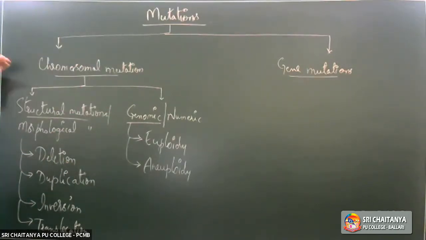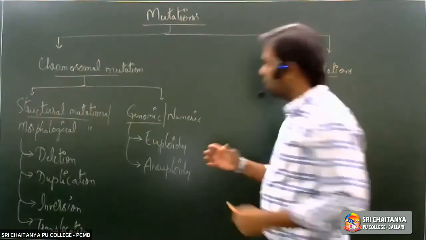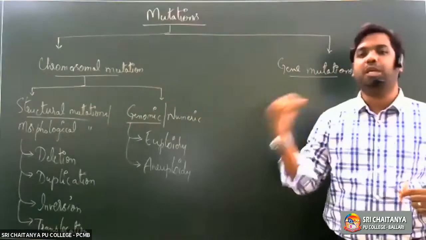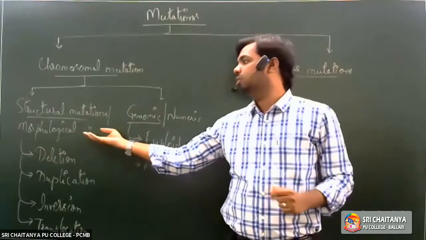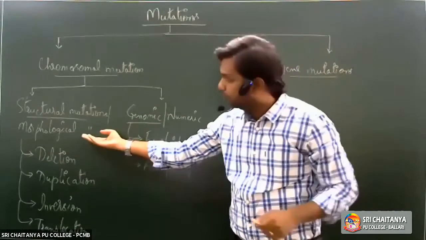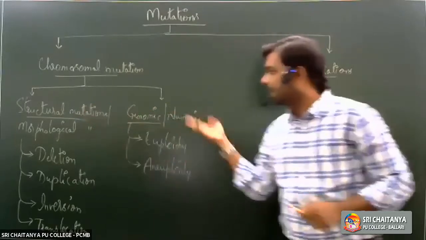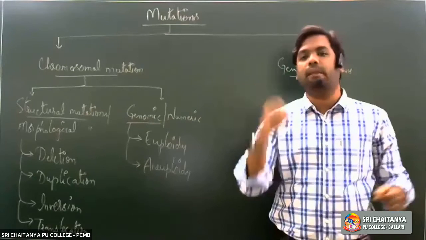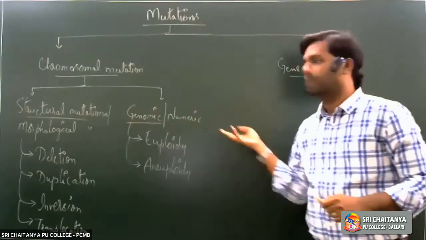Chromosomal mutation is classified into two major categories based on what exactly is happening to the chromosome. If there are changes to the structure of the chromosome, we call it structural mutation, morphological mutation, or chromosomal aberrations. The second category is an increase or decrease in the number of chromosomes, which we call genomic mutation or numeric mutation.